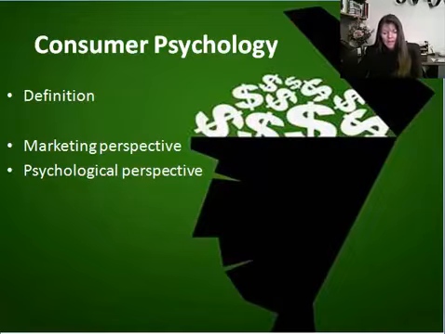So now we're looking at the behavior and processes that are involved when you select, purchase, use, and dispose of products and services. So let me repeat that. Those processes and behaviors that are involved when you select, purchase, use, and dispose of products or services. So the study of consumer psychology is still the study of thought processes and behaviors, but those focused in this area.